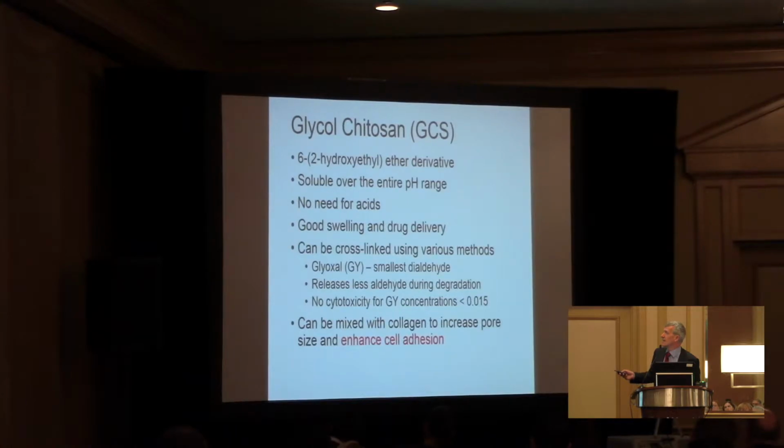For cross-linking glycol chitosan, the chemical that we use is glyoxal, and the benefit of glyoxal is that the byproducts of the degradation of glycol chitosan cross-linked with glyoxal are non-toxic, and that is a big advantage in terms of biocompatibility.